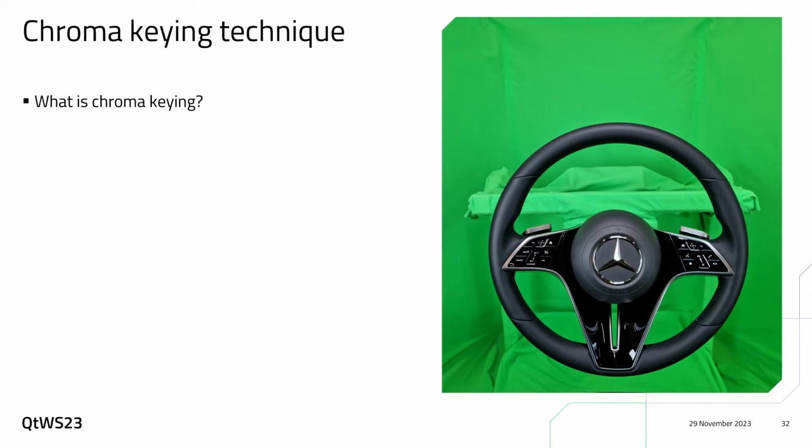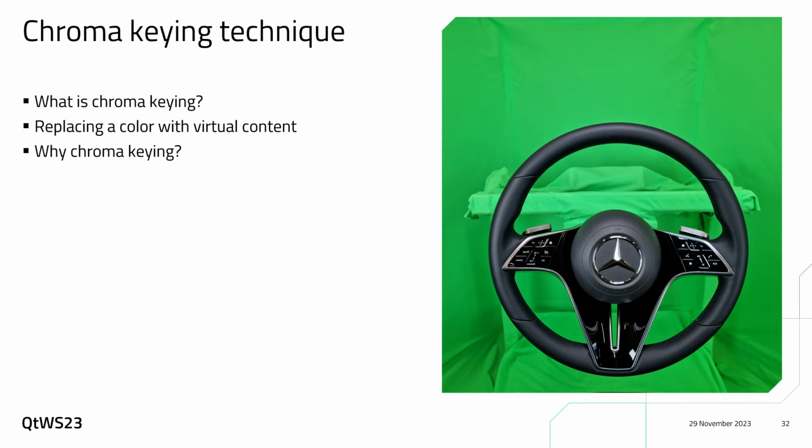I suppose everyone is to some extent familiar with this technique, as we've all seen it in movies. But for those unfamiliar, the chroma keying, also known as green screening, is a process where a specific color is removed from a video or a picture, allowing that part of the image to be replaced with virtual content. Now you might wonder why actually chroma keying?